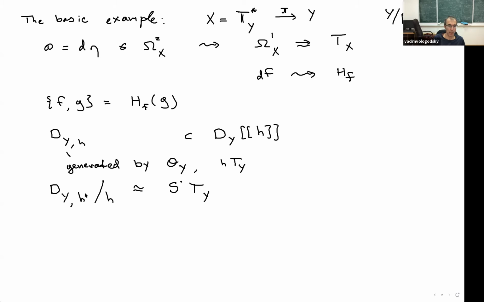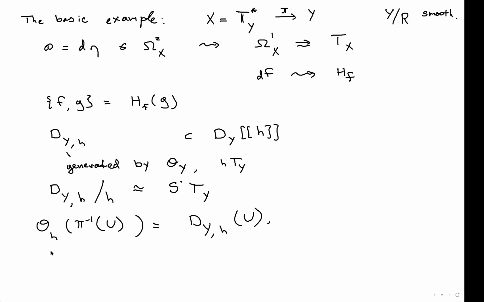This general fact allows us to localize D_h over X. It gives rise to a quantization with the property that its sections over the pullback of an open subset of Y is this algebra of asymptotic differential operators.